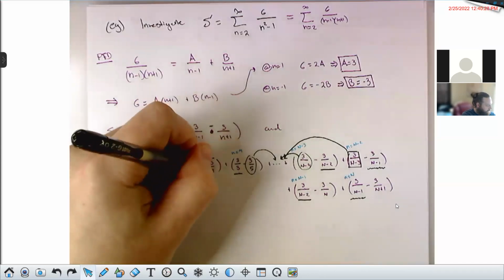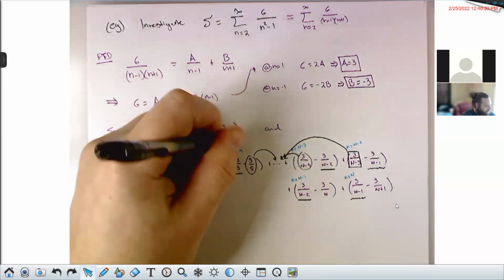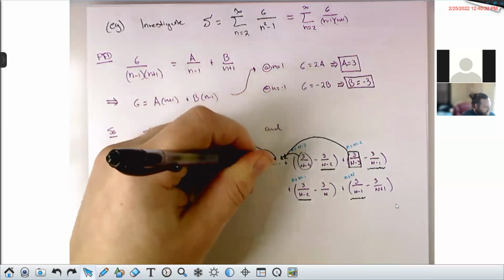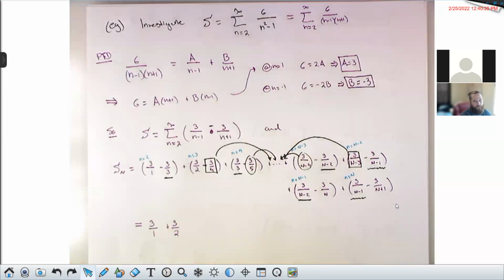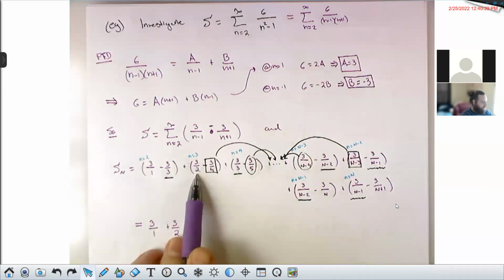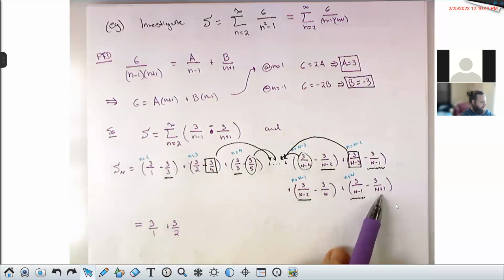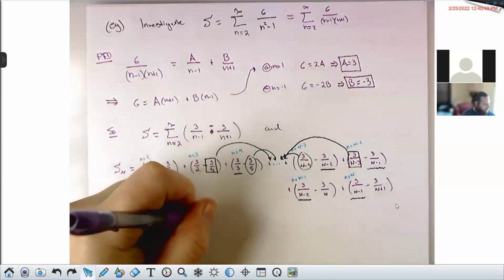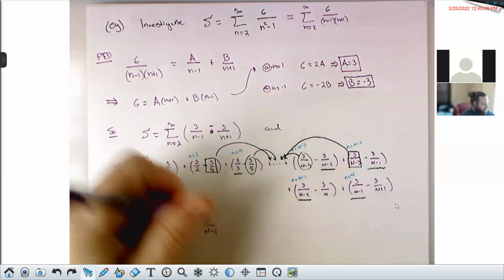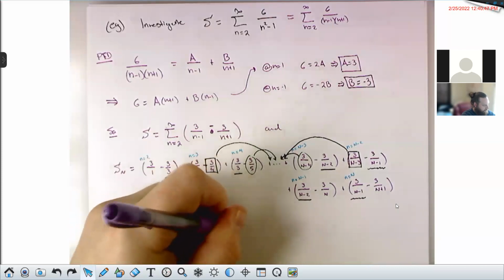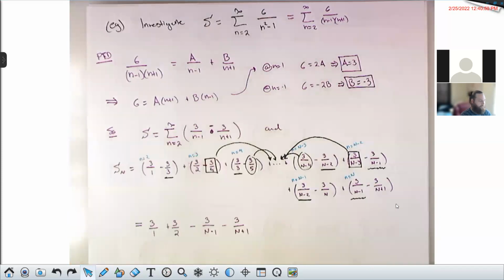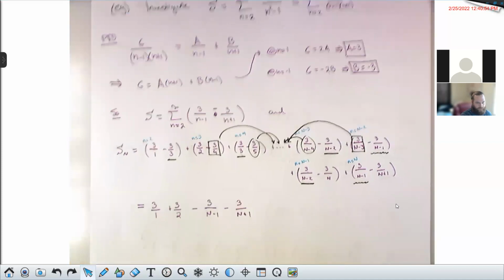So he will cancel with the very first term hiding in the dot dots. So this term and this term will survive. This term and this term will survive. That is your nice formula for Sn.